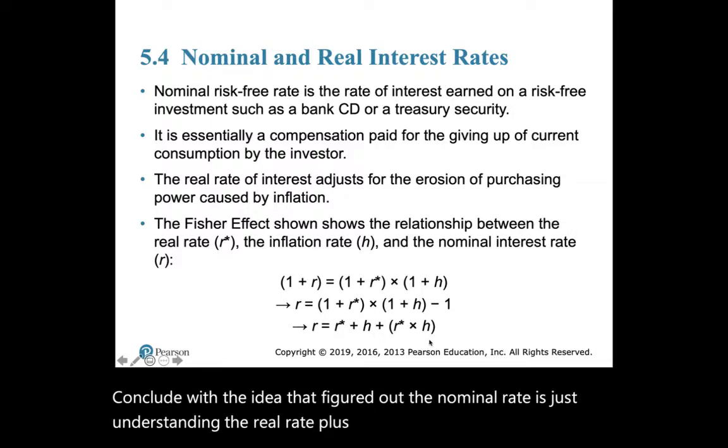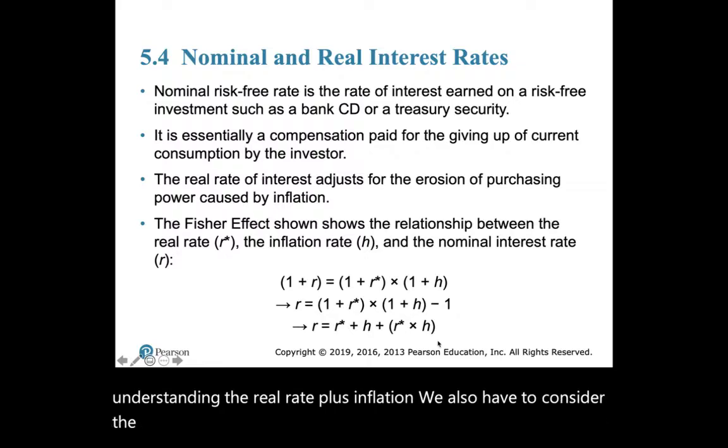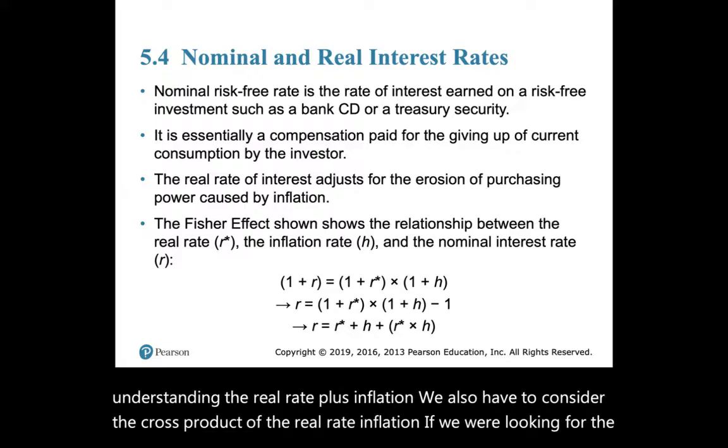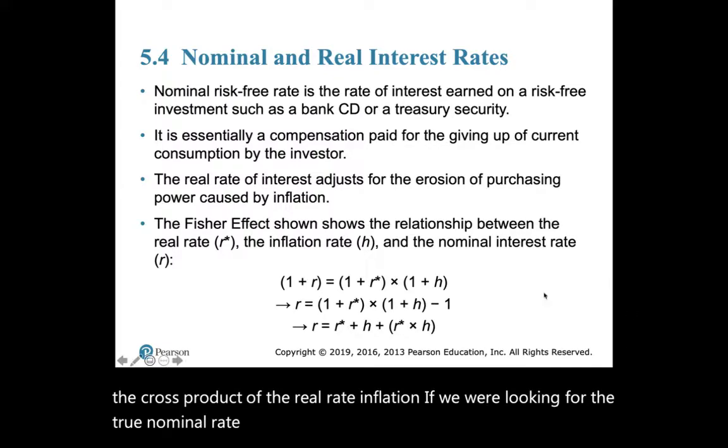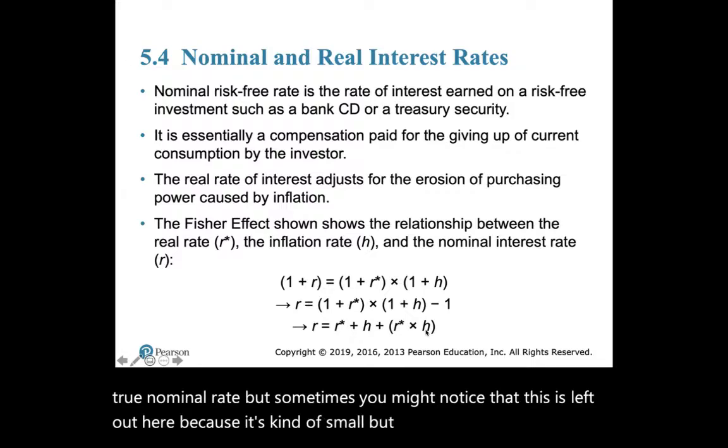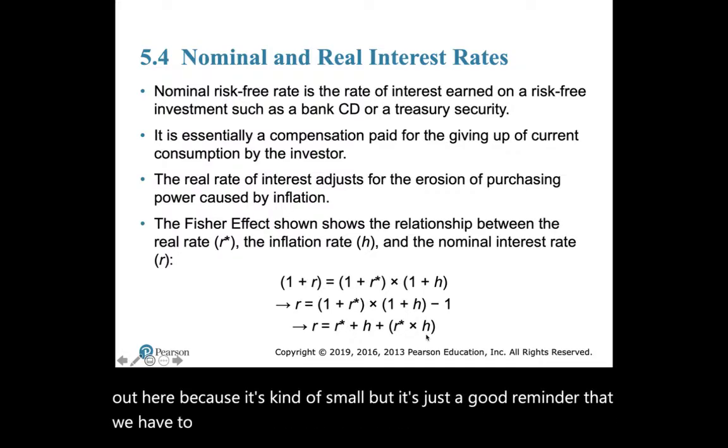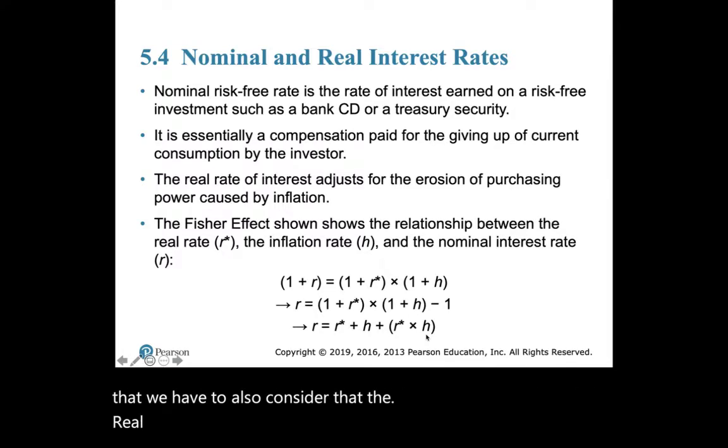We also have to consider the cross product of the real rate and inflation if we were looking for the true nominal rate. But sometimes you might notice that this is left out because it's small, but it's a good reminder that the real rate of interest is relevant to inflation as well.